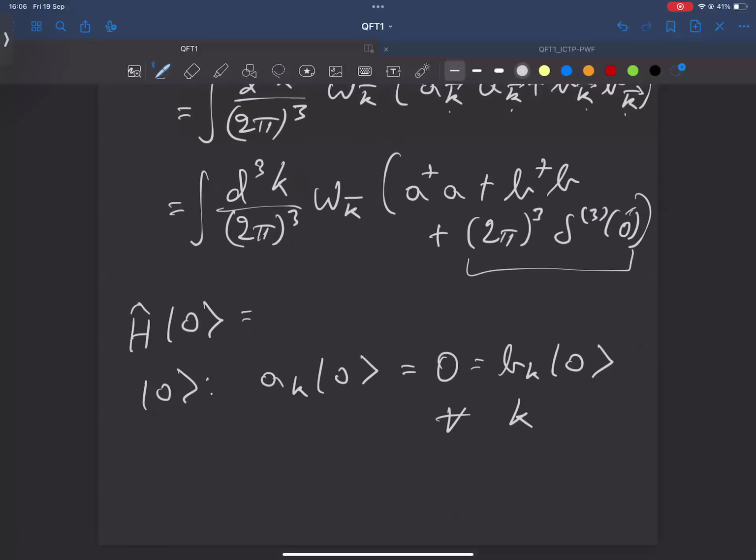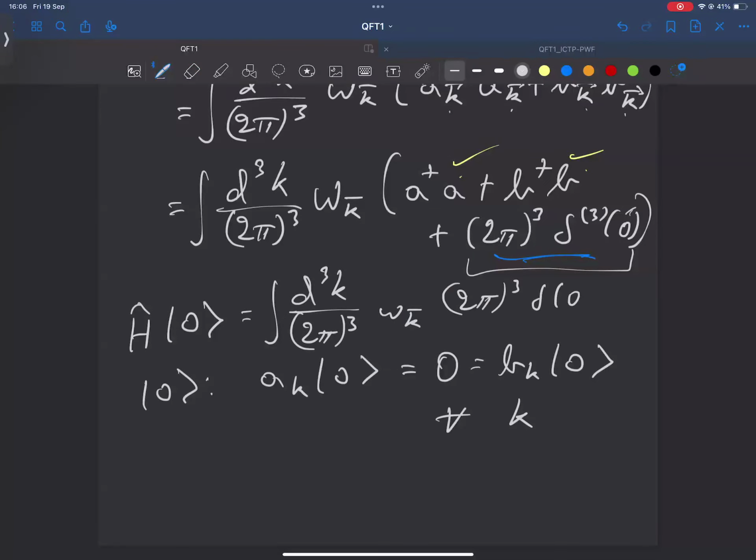So now if you do this on the vacuum, these things are fine because they have an annihilation operator on the right, but this object survives. This doesn't kill the vacuum. So you get an integration like this: omega k, d^3k over 2 pi cubed, and delta of 0 acting on the vacuum.